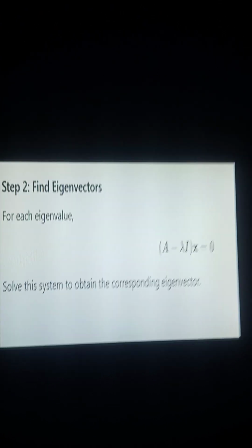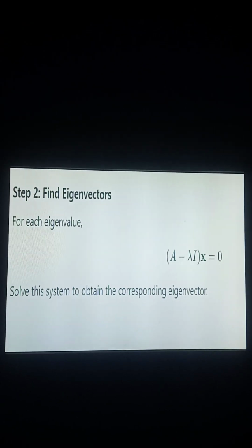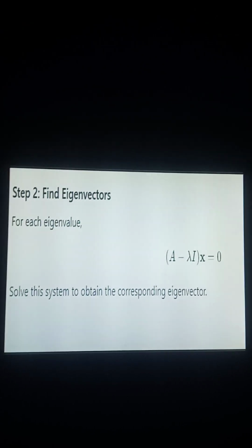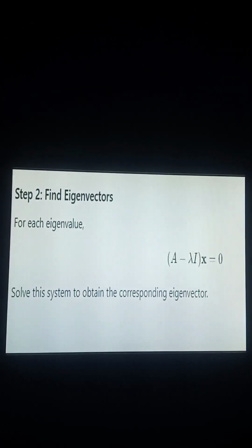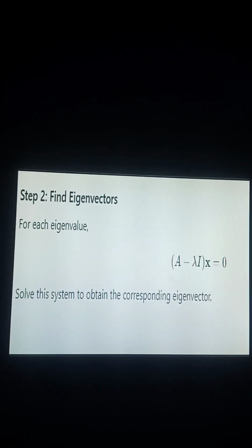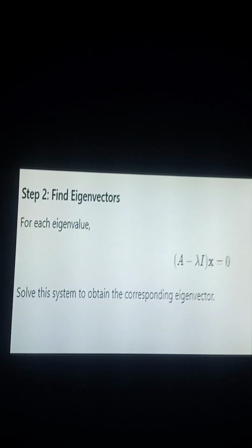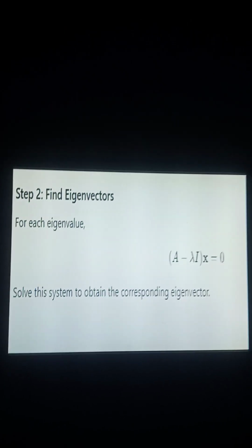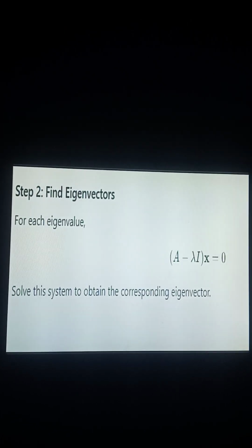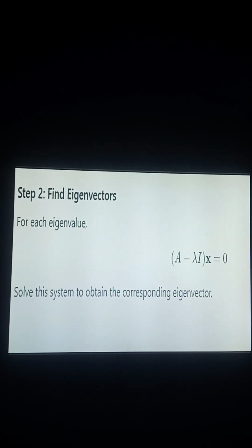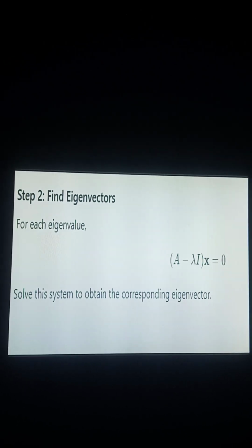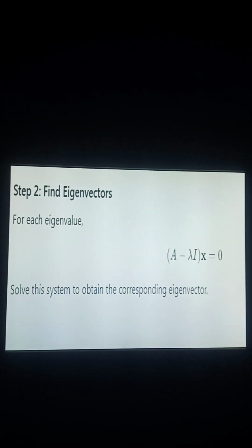In step 2, we will solve A minus lambda I into x. From the previous step, we know lambda, so we substitute the lambda value and A, and you will get the values x and y, that is the v1 and v2 values.